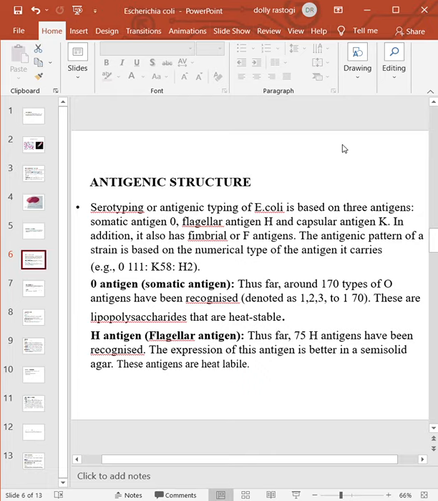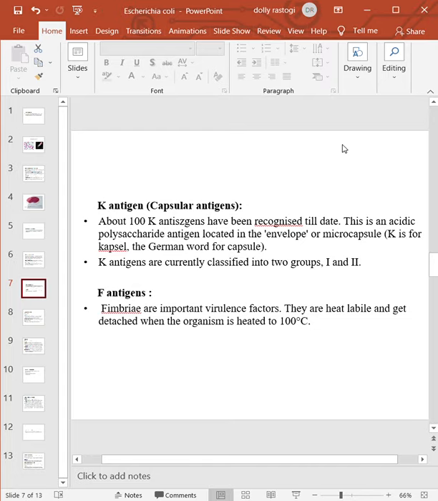The H antigen or flagellar antigen: 75 H antigens have been recognized so far and they are heat labile in nature. About 100 capsular antigens have been recognized till date.